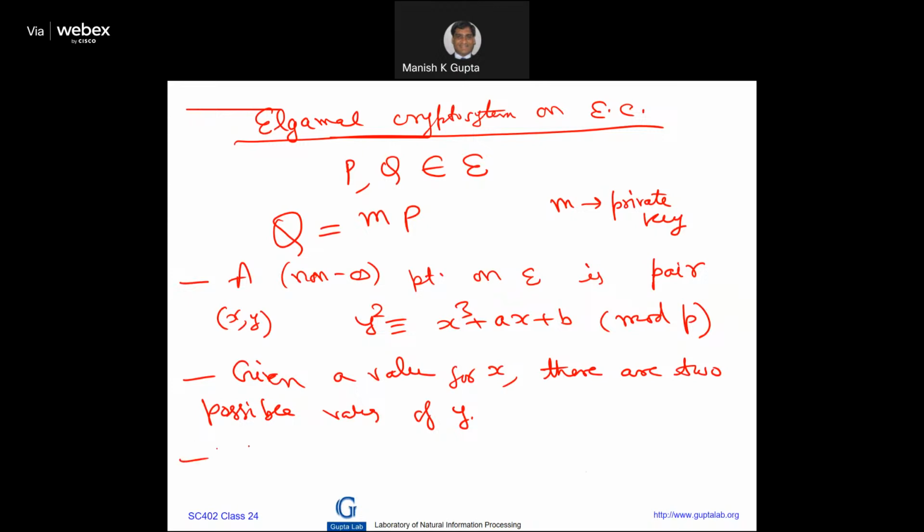These values are negatives of each other modulo p.